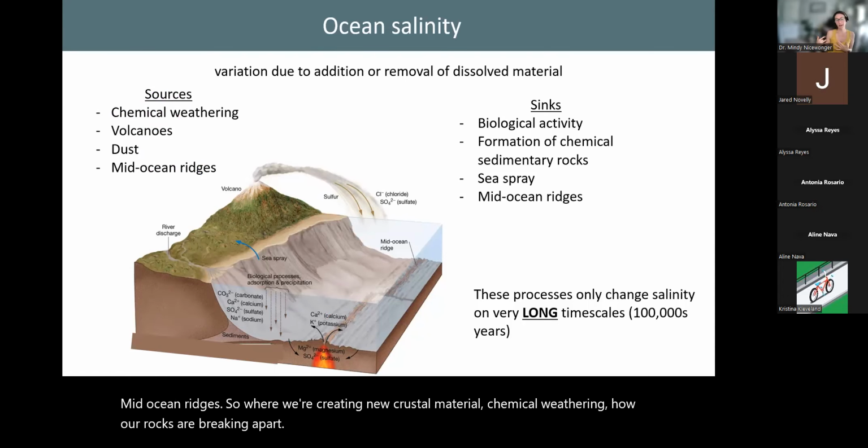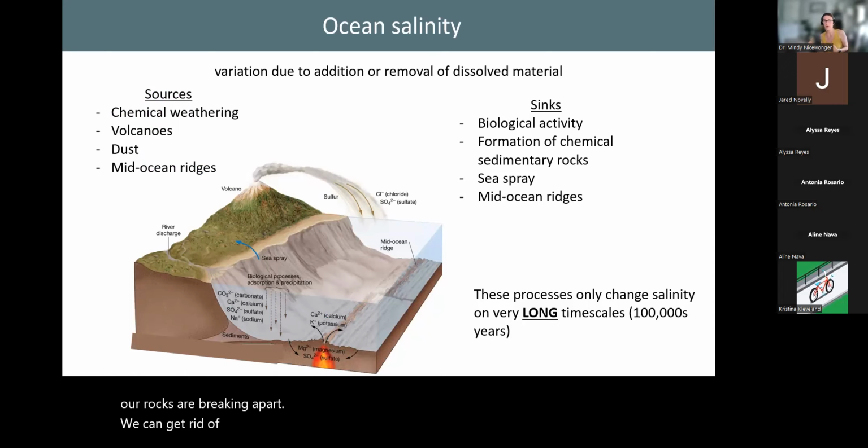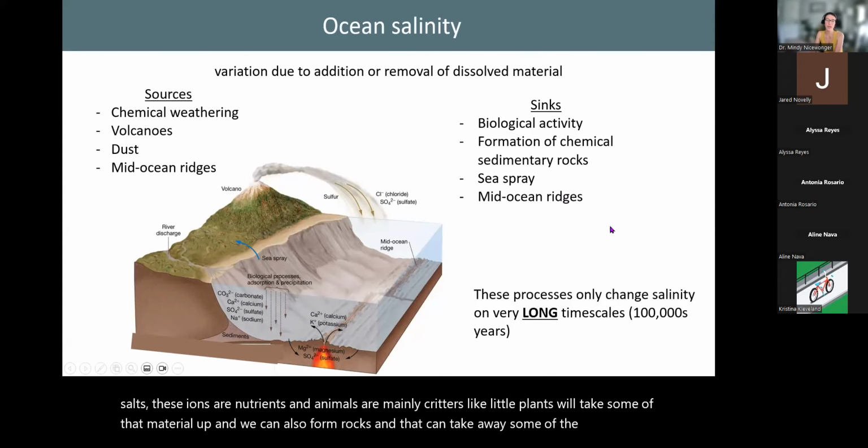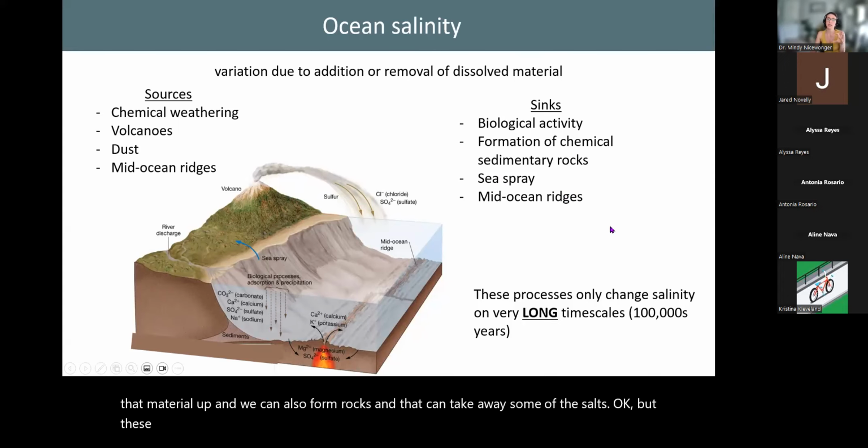We can get rid of salt from our ocean water through biological activity. So some of these salts, these ions, are nutrients, and animals, or mainly critters like little plants, will take some of that material up. And we can also form rocks, and that can take away some of those salts. Okay, but these processes change ocean salinity on incredibly long time scales, like hundreds of thousands of years.